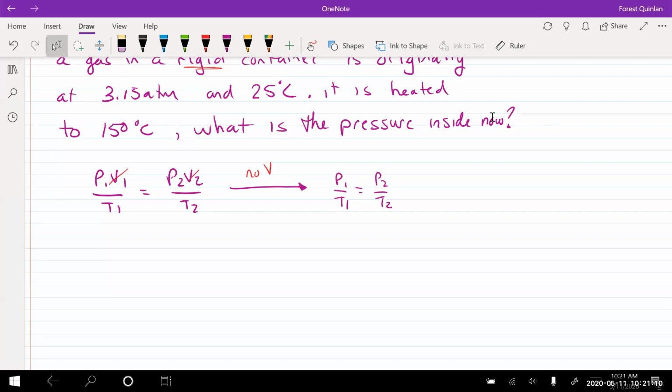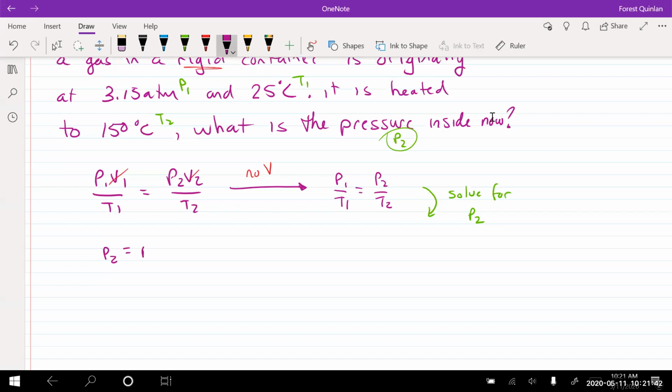And we just take a look. What do we have? We have a pressure 1 at a temperature 1, and I change it to a temperature 2. I'm asking for that pressure, so I solve for P2.